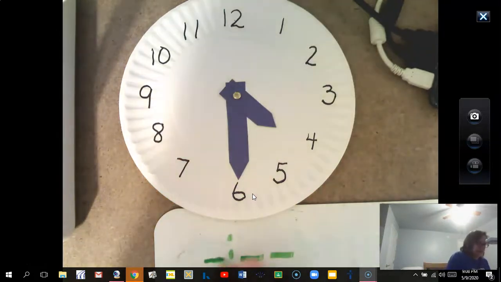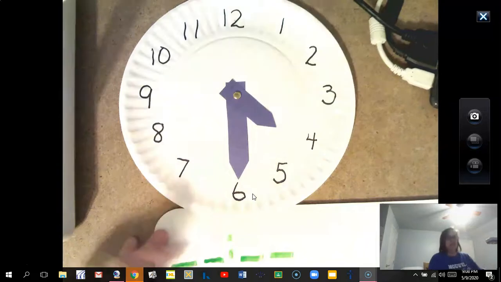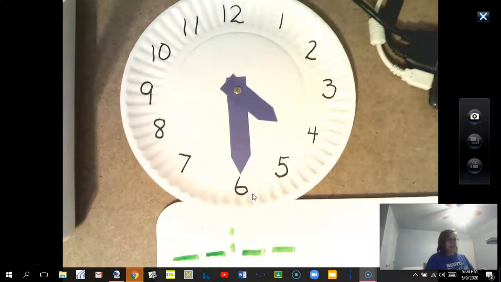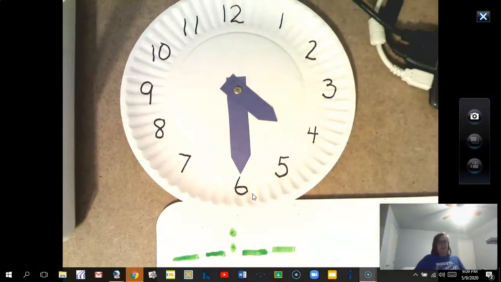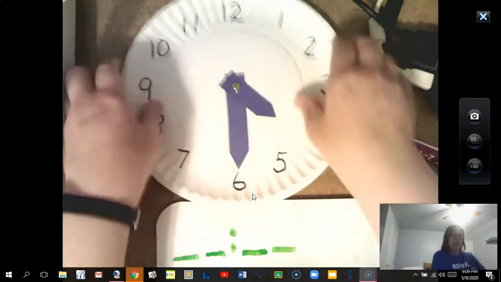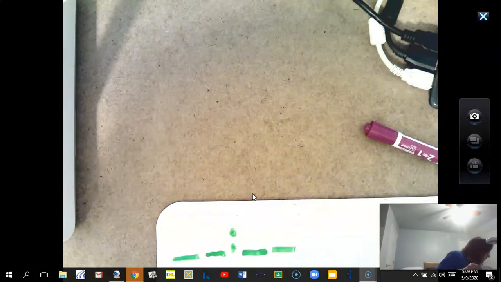Keep in mind that there's 2 spots for the hour and 2 spots for the minute. So I'm going to put a time on here, and then I want you to see if you can figure out what it is.